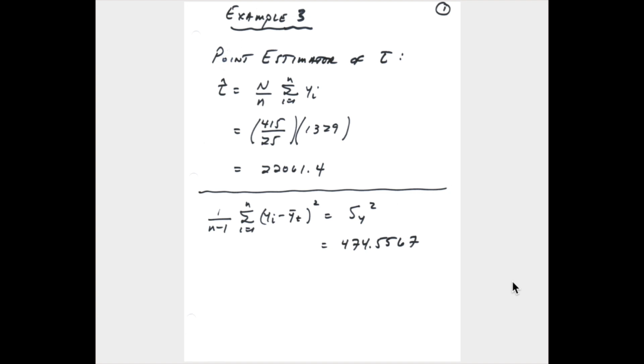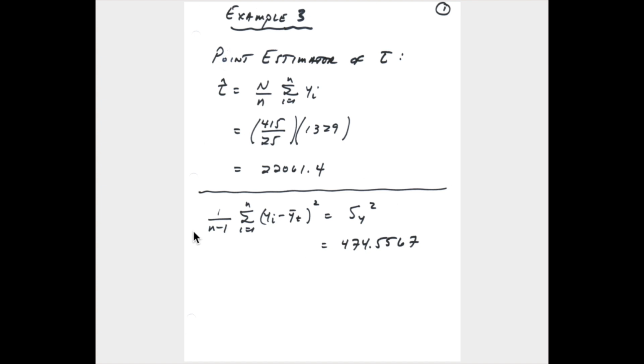The point estimator of tau, the total income, is cap N over little n times the sum of the y's, so 415 over 25 times 1329, and so we get 22,061.4. That's our point estimate, calculated without knowing the population size itself.